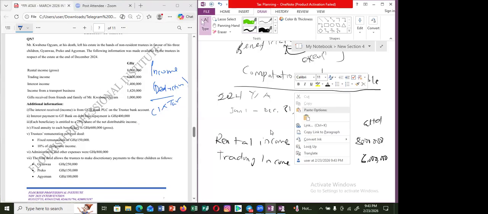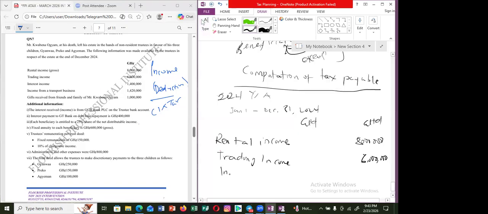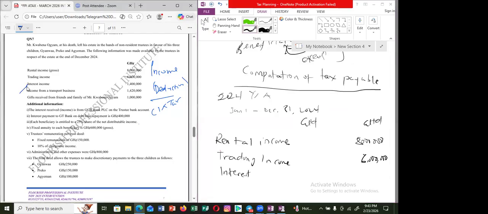Here we have interest income. Now note, anytime they mention interest, we're thinking about this thing. What is the withholding tax on interest? 8%.